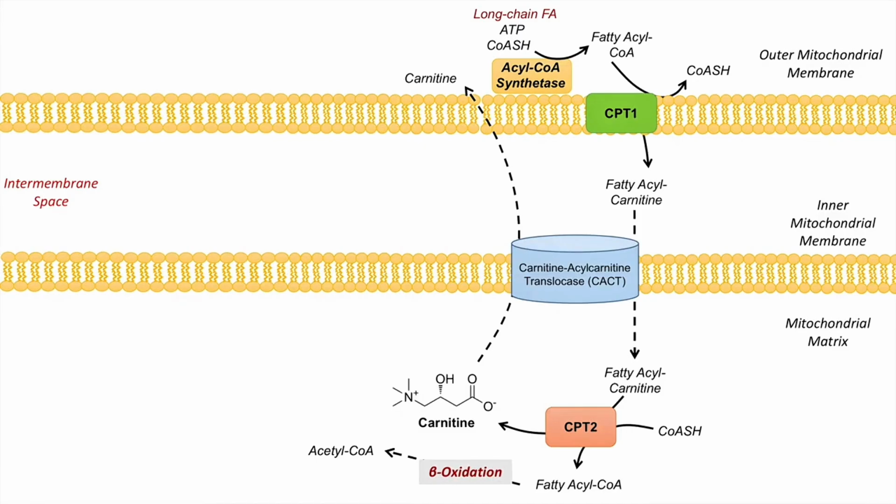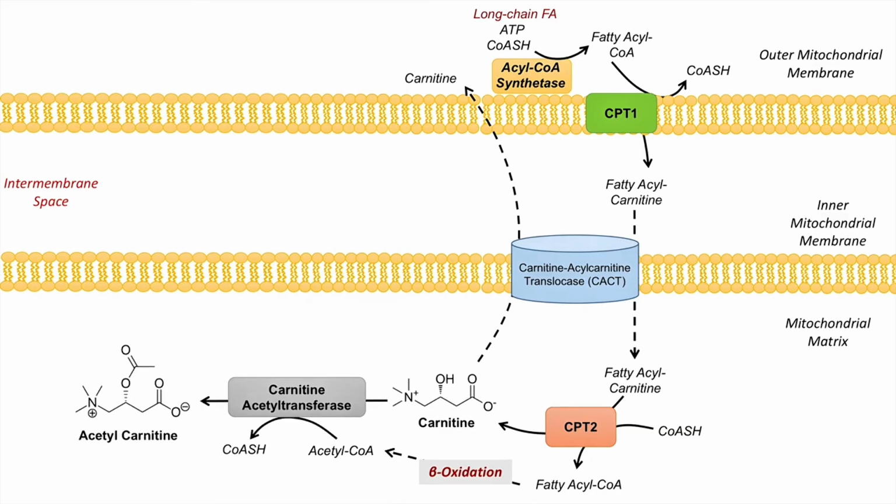Now, there's also another way whereby carnitine can be regenerated and brought out into the cytosol. Carnitine can be acted on by an enzyme known as carnitine acetyltransferase inside the mitochondrial matrix. What this does is it transfers an acetyl group to carnitine to give us acetylcarnitine.